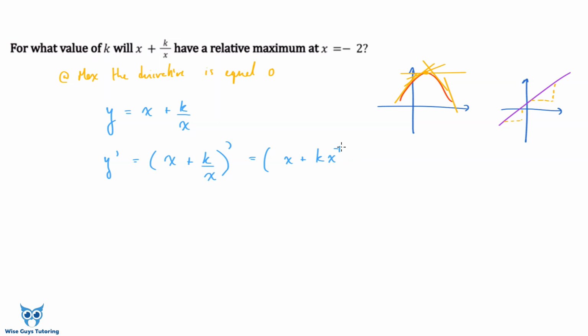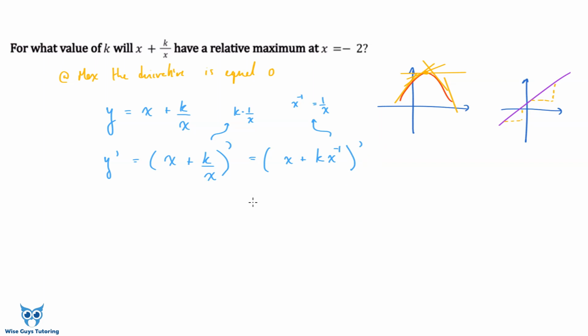When you have x to the minus 1, that's the same thing as 1 over x. And what I have here is, in fact, k times 1 over x. So instead of putting 1 over x, I'm going to rewrite it like this. The reason I do that is that I can use my power rule that we saw earlier. I can bring down the exponent and decrease it by 1.